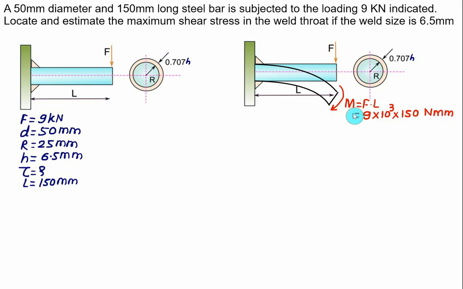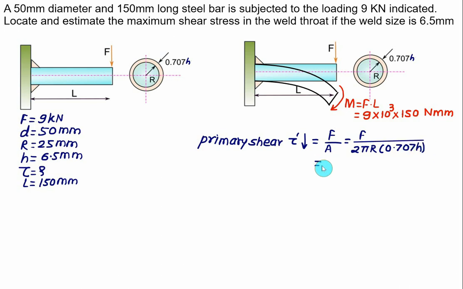Bending moment will produce the bending stress, and that is a secondary shear stress, and the force F will produce primary shear stress. Primary shear stress tau prime will act vertically downward and is given as the shear force F divided by the total weld area. This area is same as circumference, which is equal to 2 pi r, multiplied by the throat thickness, which is 0.707 multiplied by h.